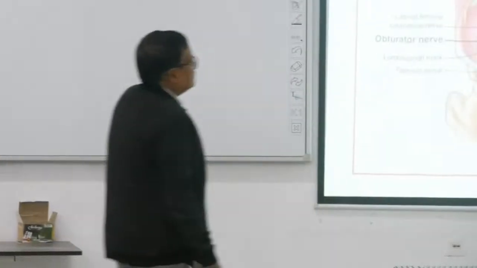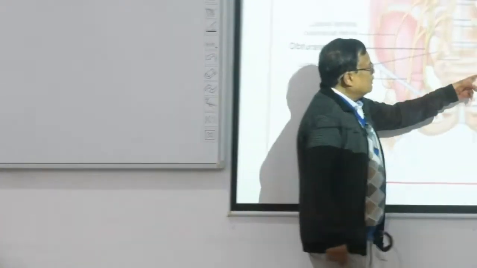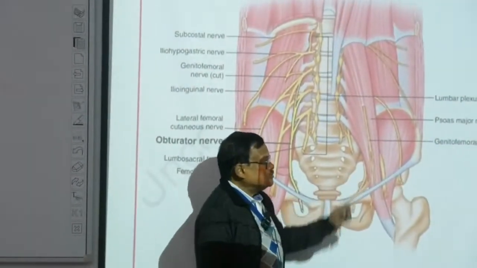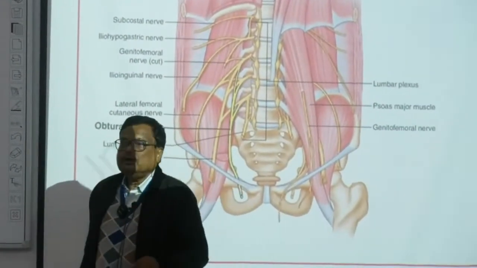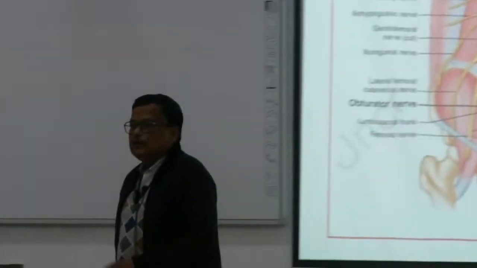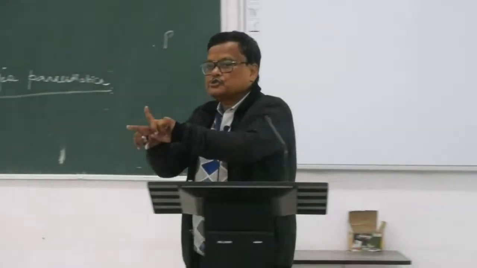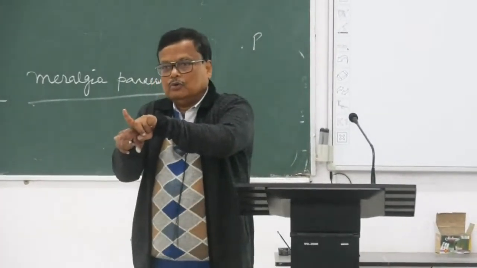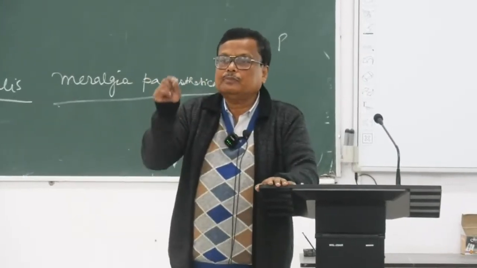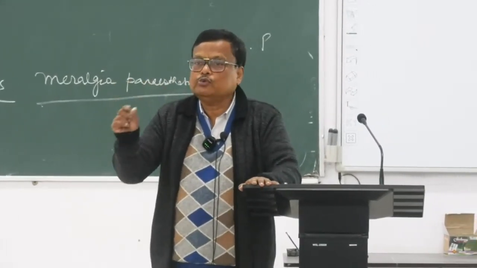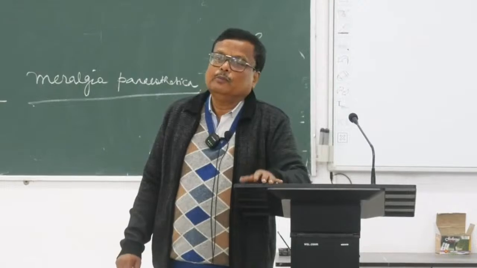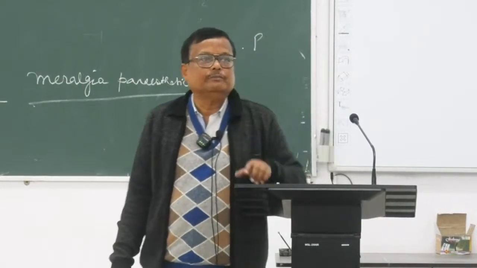So it comes out at the medial border of the psoas major muscle, and it is formed by, as I said before, L2, L3, L4, which divide into anterior and posterior divisions. The posterior divisions of L2, L3, L4 join together to form the femoral nerve. Here the root value is important.